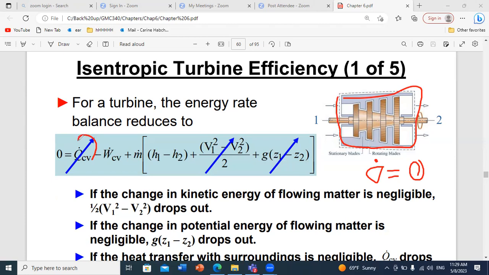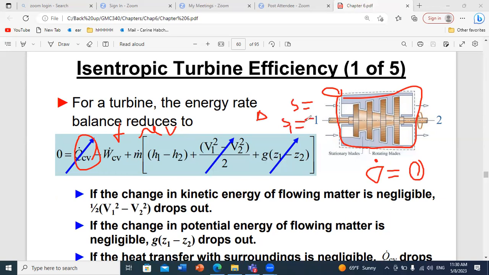Whenever Q dot is 0, it's an adiabatic process. Plus, if we say it's a reversible process, we'll demonstrate together that this is equivalent to delta S equal to 0. Okay, so we can say that S1 is equal to S2.